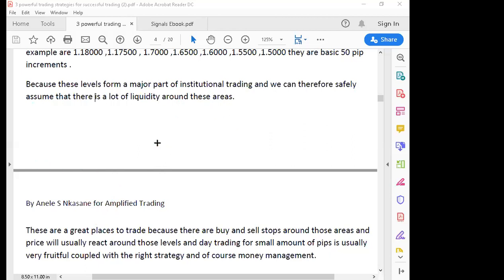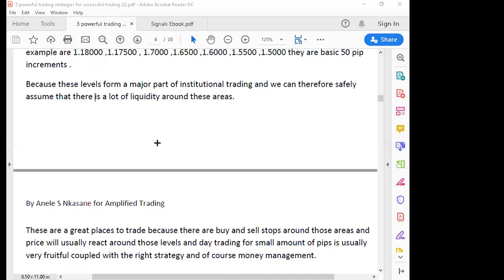So the reason why we have this emphasis on these big figures and interest in them is that institutions also use these major areas, and therefore we can safely assume that there is a pretty substantial amount of liquidity, right? There's a lot of trading going on. Once the United States dollar versus the South African Rand gets to 18 Rand, we know that there's probably going to be a lot of liquidity around that area and a lot of trading activity going on.